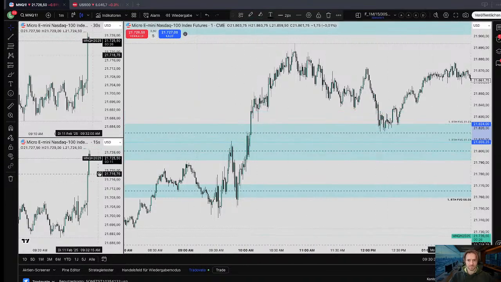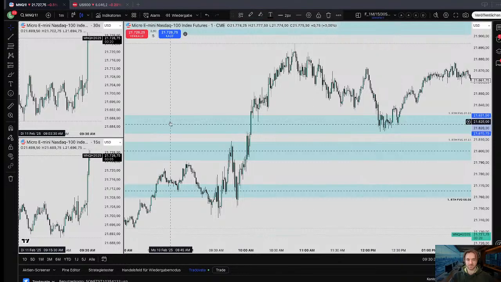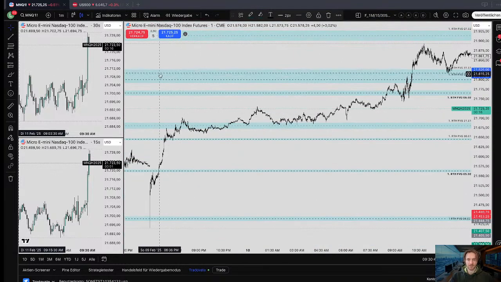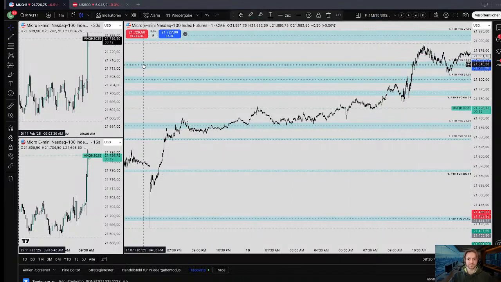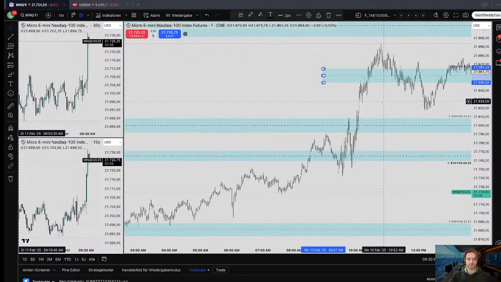We got a nice bullish reaction here, right? It's not that much. It's just like 25 points, but in the direction of the opening range gap, right? I will show that in a few seconds too.